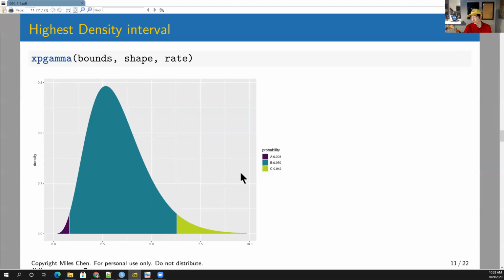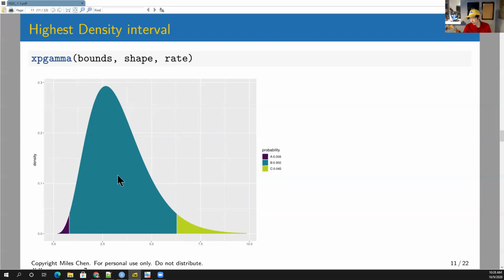The height at this location is the same as the height over here. If we took this probability density curve and dipped it in water, it would draw a line here.